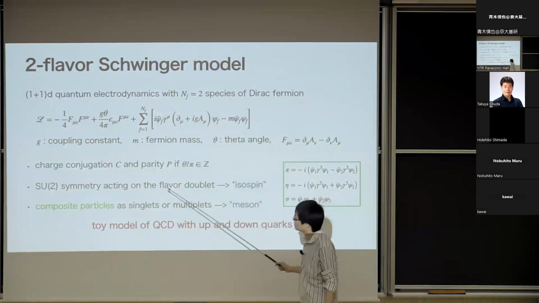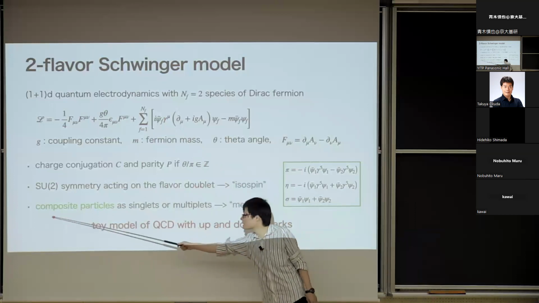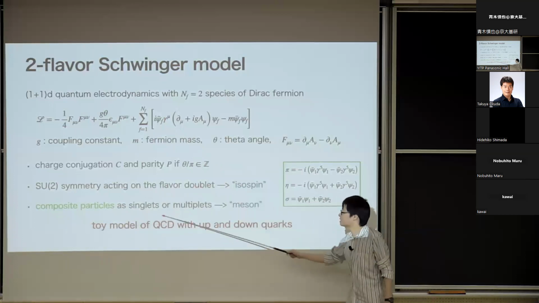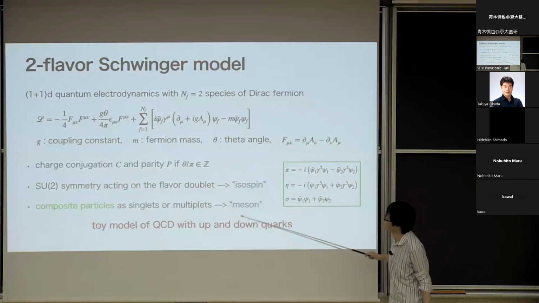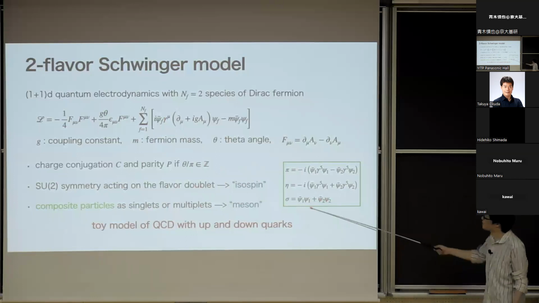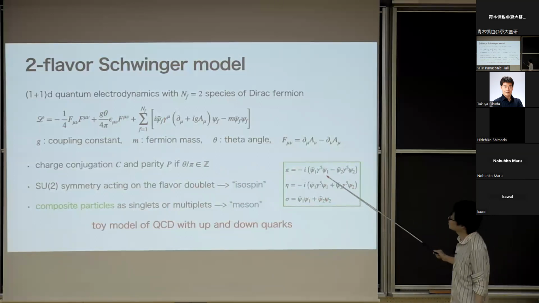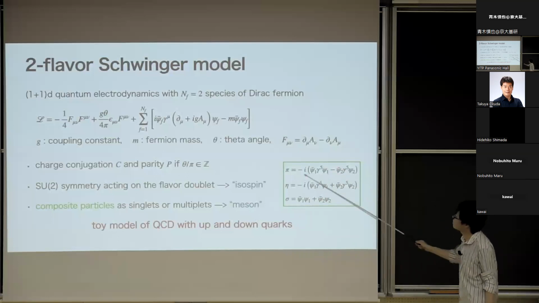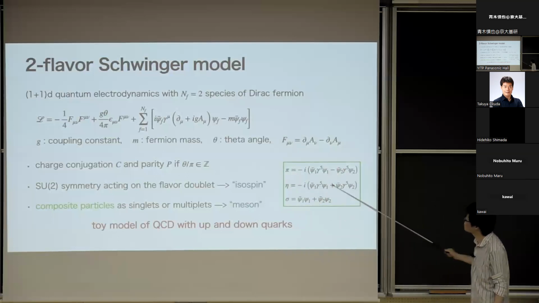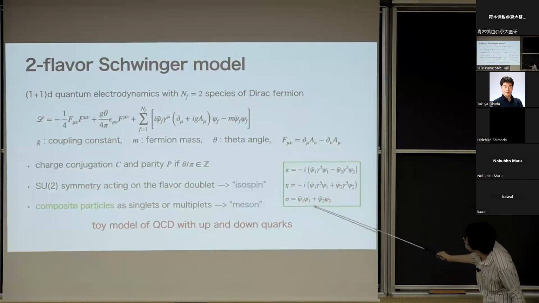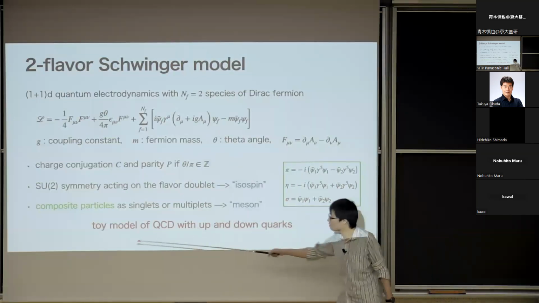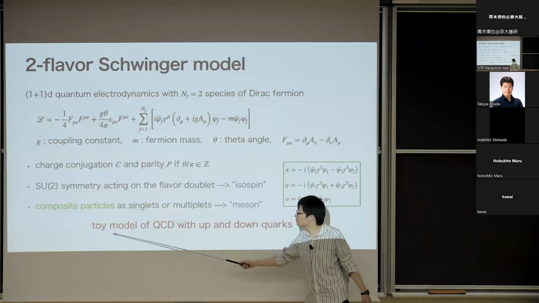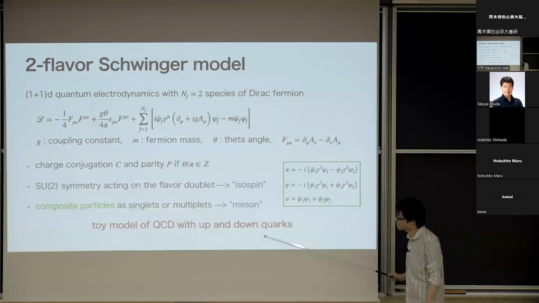Due to this symmetry, the composite particles appear as singlets or multiplets of the isospin symmetry. We call these composite particles mesons. This is a list of the possible composite particles: this is the pion, this is the eta meson, and this is the sigma meson. Here 1 and 2 represent the flavor. Due to this property, this two-flavor Schwinger model can be a good toy model of QCD with up and down quarks.